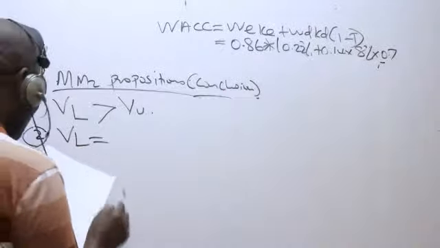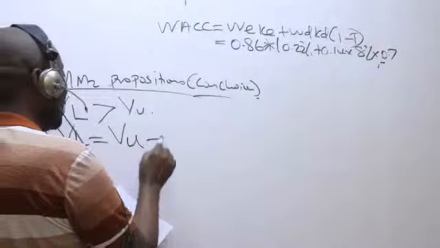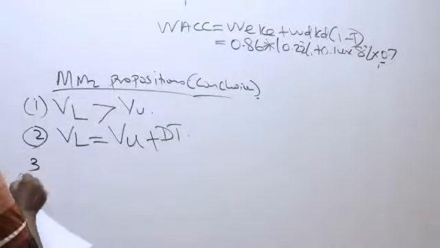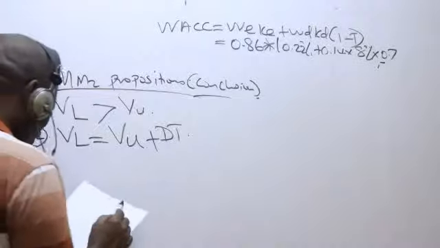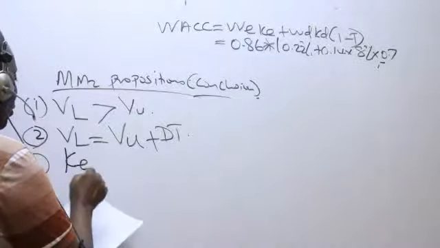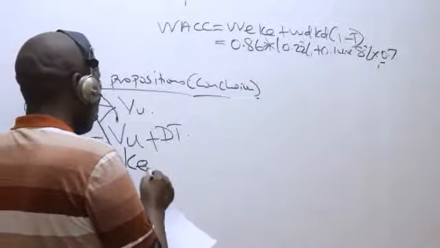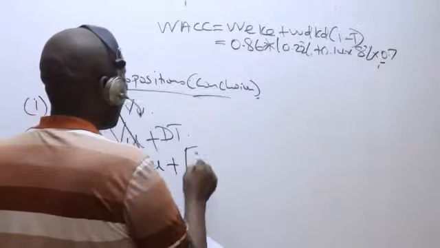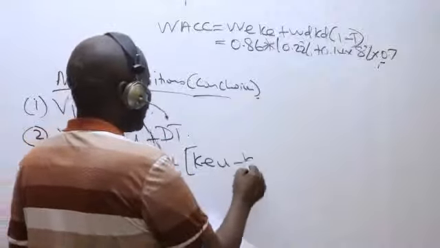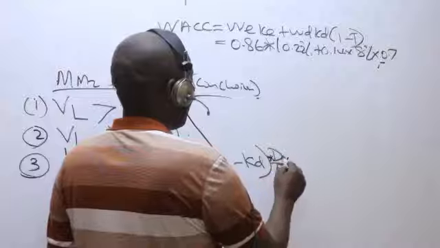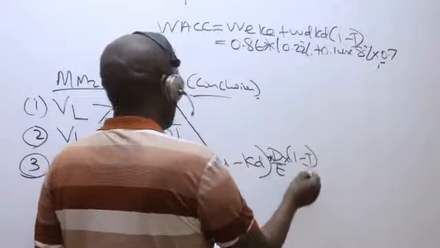Number 2, a very important conclusion in the form of a formula: the value of a levered firm will always be equal to the value of an unlevered firm plus DT. Number 3, another very important formula: KL equals Q plus Q minus KD into D over E times 1 minus tax.